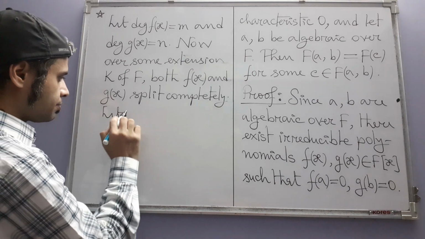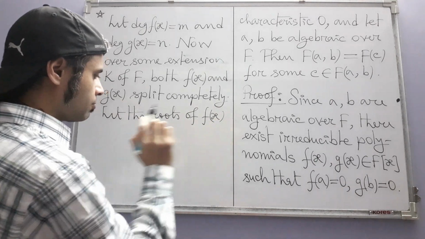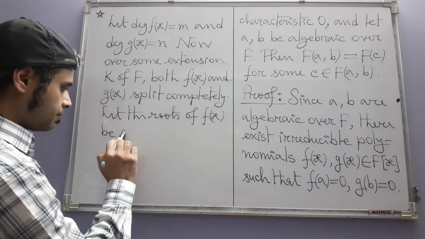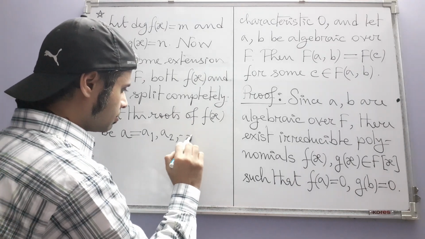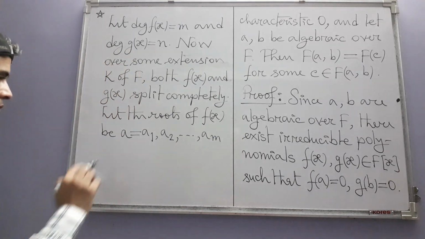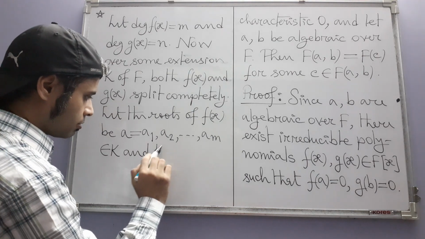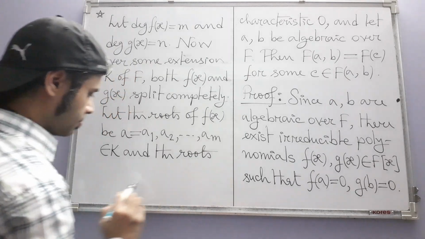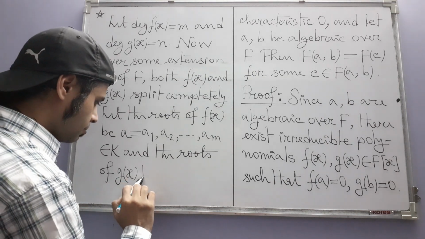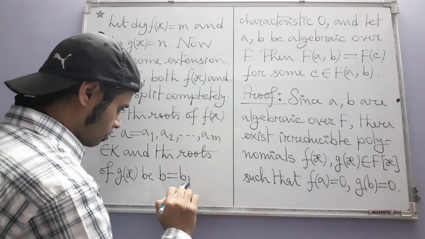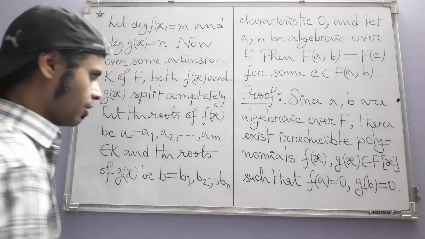So let the roots of f(x) be a1, a2, ..., am, since there will be m roots in K, and the roots of g(x) be b1, b2, ..., bn, and these also will belong to K.